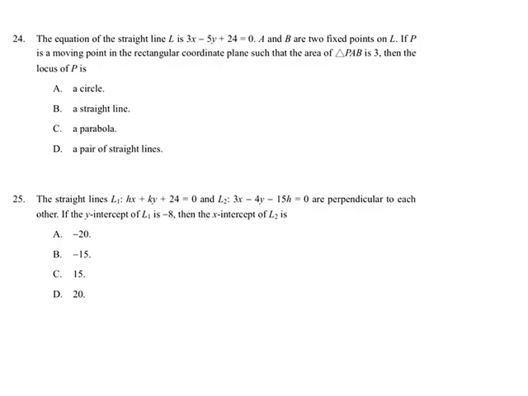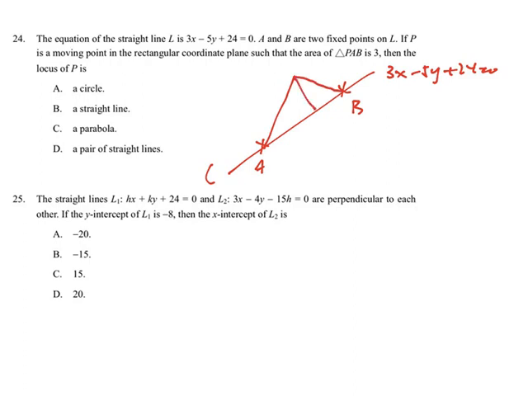Question 24. Now we have a straight line L: 3x minus 5 equals 0. We know there are two fixed points A and B, and then there's a moving point P, so that PAB will form an area of 3.